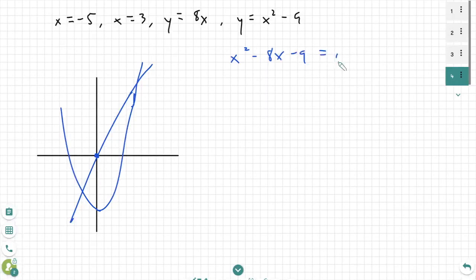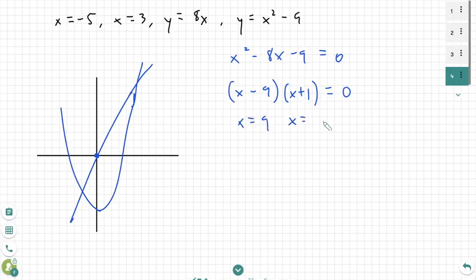You can factor this. So you get x minus 9, x plus 1. Okay. So what are the x values then? x equals 9 and x equals negative 1.